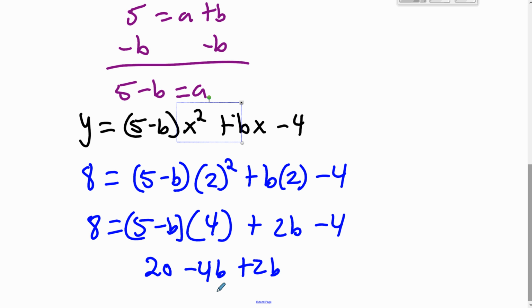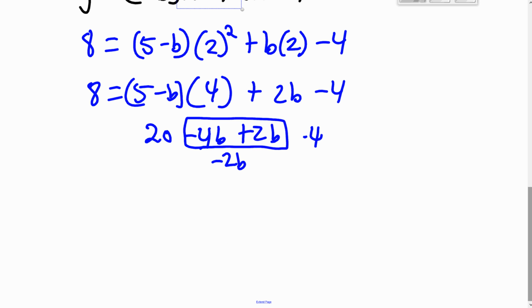Well, isn't that just a negative 2b? Write those two together. It's a negative 2b minus 4. Well, 20 minus 4, isn't that 16? And that equals 8. So now I can move these around, right?